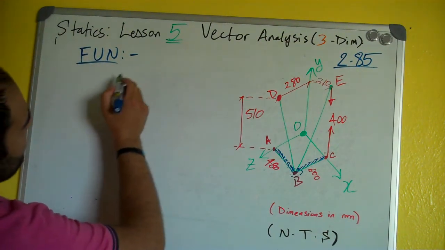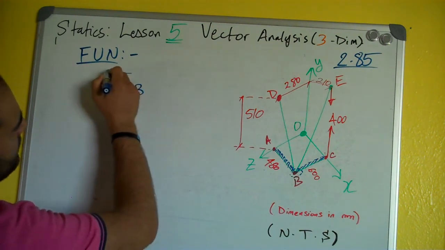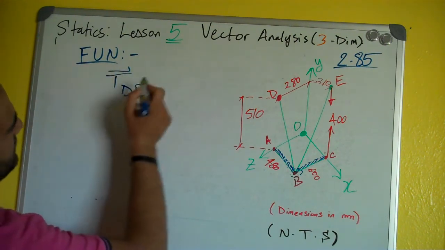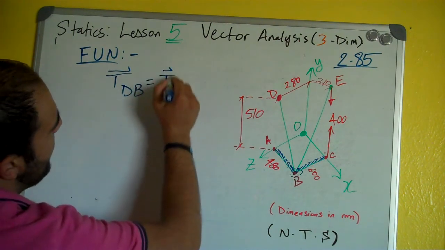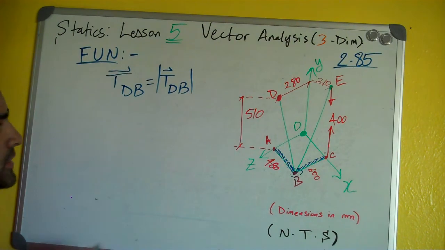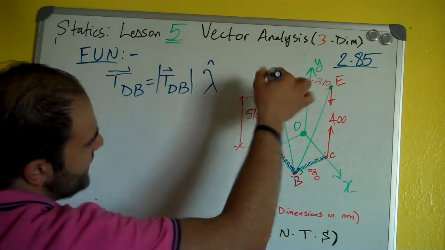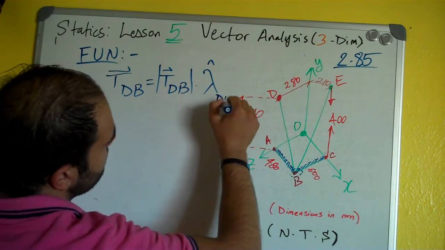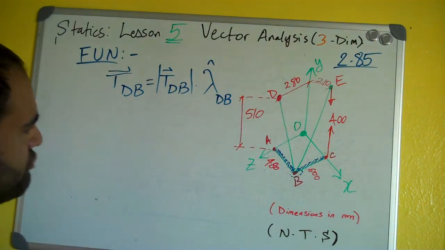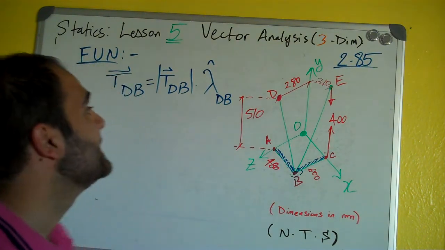I'm looking for tension DB as a vector. That's equal to the magnitude of tension DB times the lambda of that line of action DB. The tricky part is how to find the lambda DB.